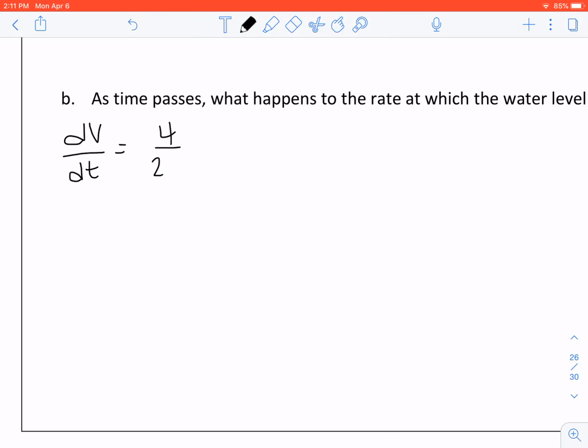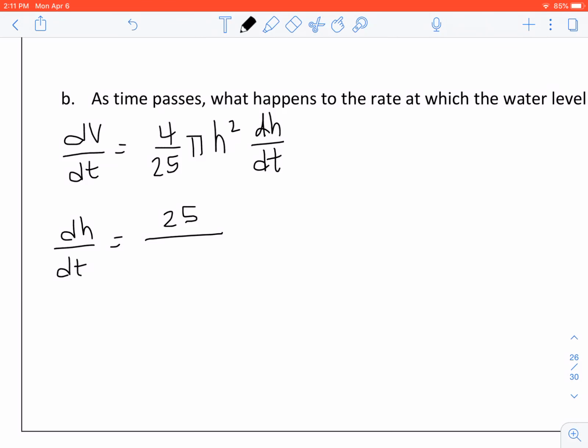So we had 4 over 25 pi h squared dH/dt. And then solving this for dH/dt, we are going to have 25 over 4 pi h squared times dV/dt, just moving around those variables.